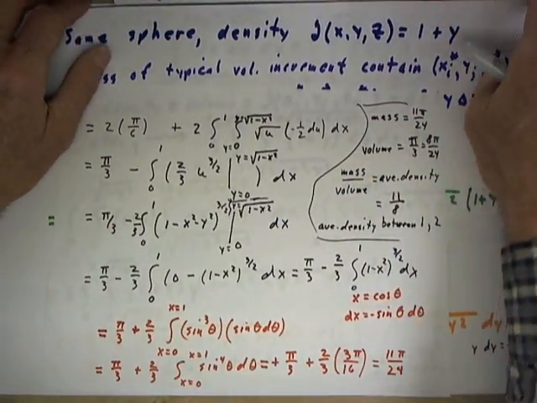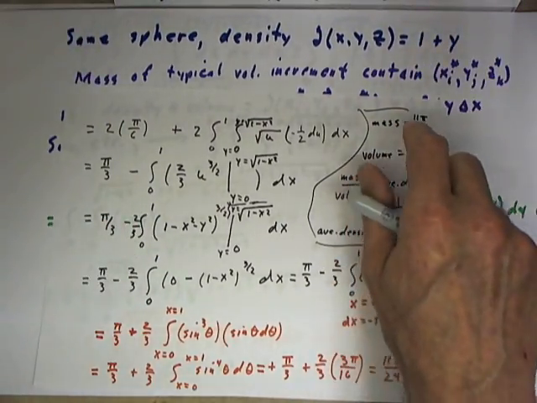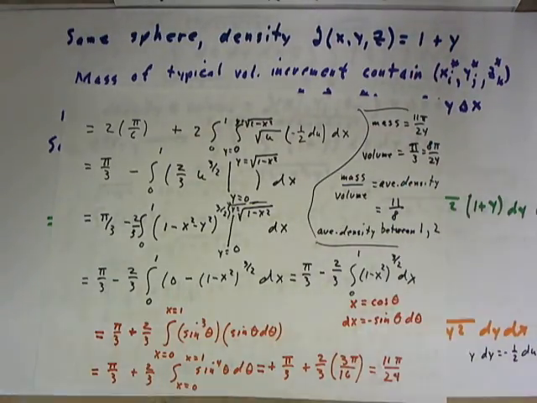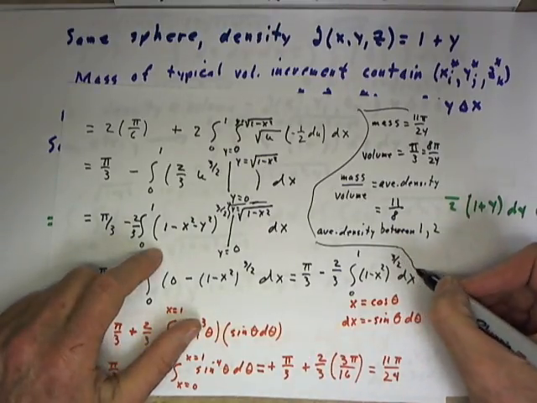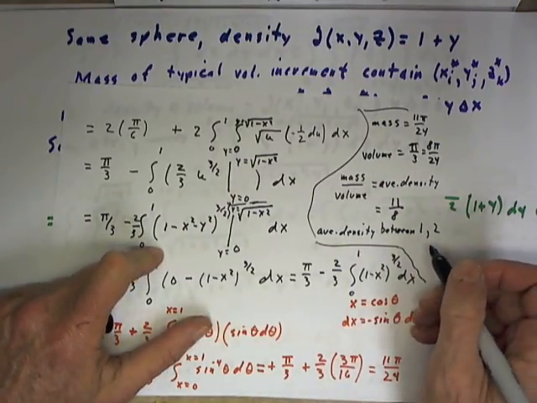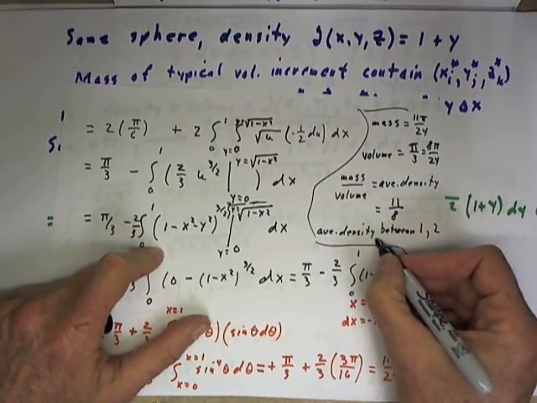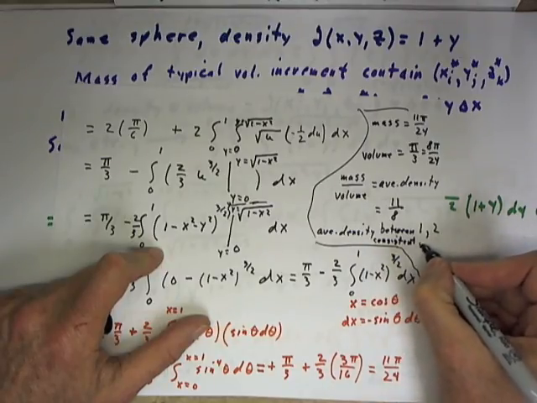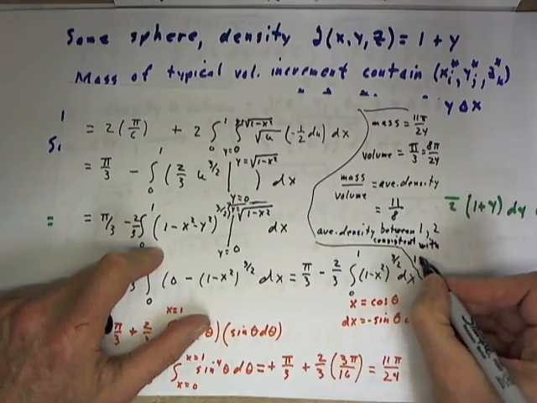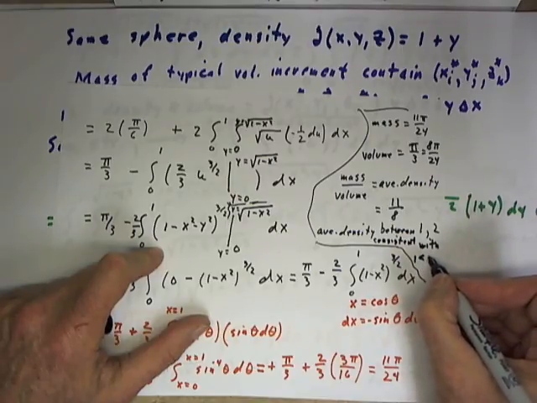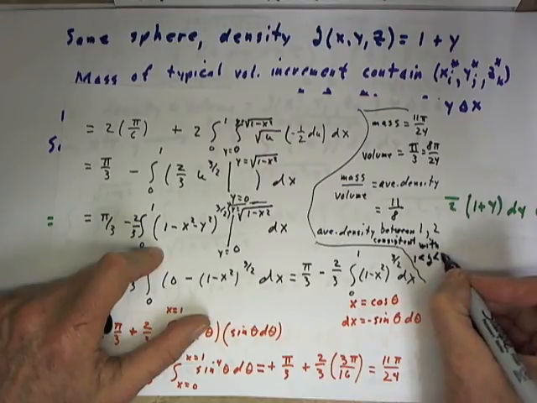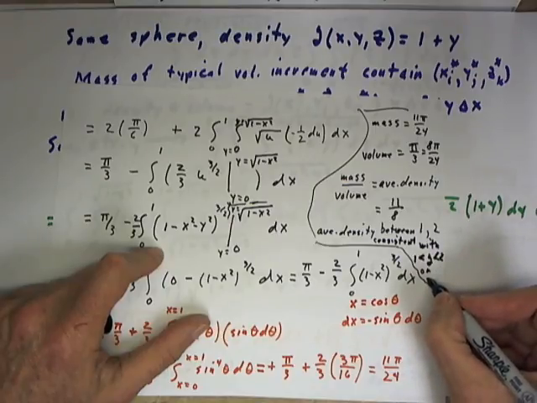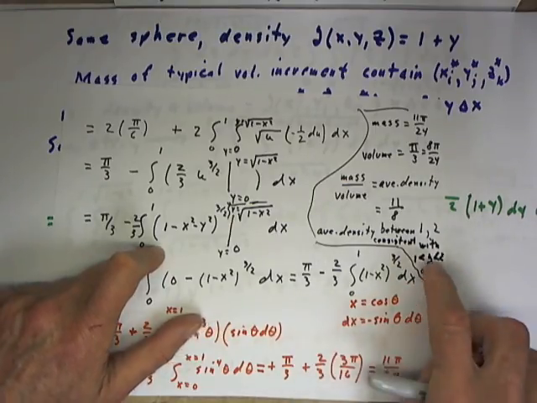Well, recall our original density function was 1 plus y, and y values on this integral run from 0 to 1. So, consistent with the fact that our delta is less than 2 on this domain.